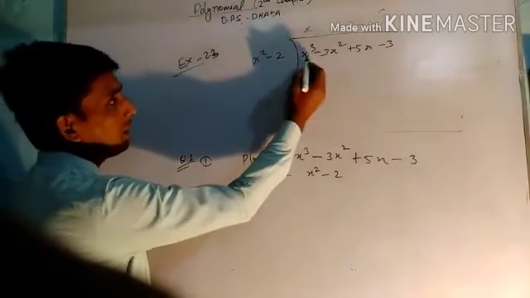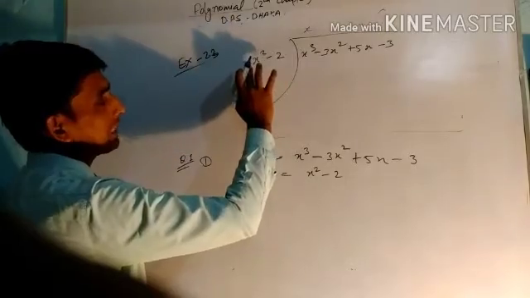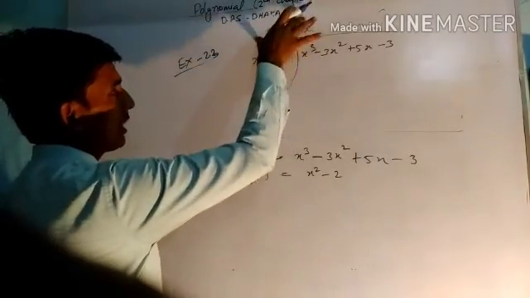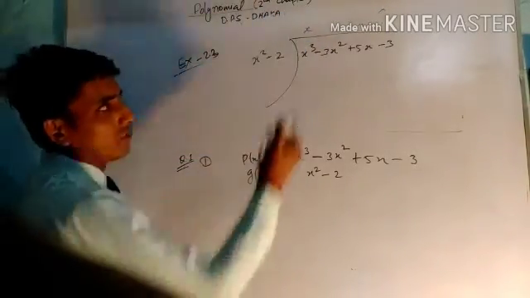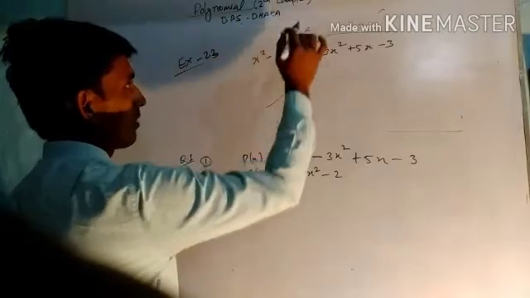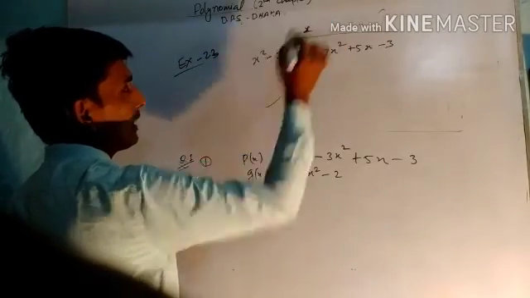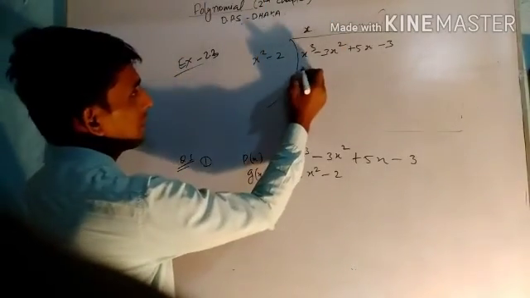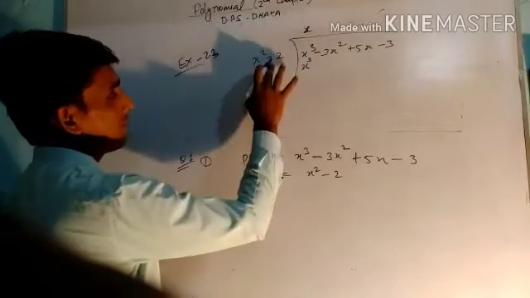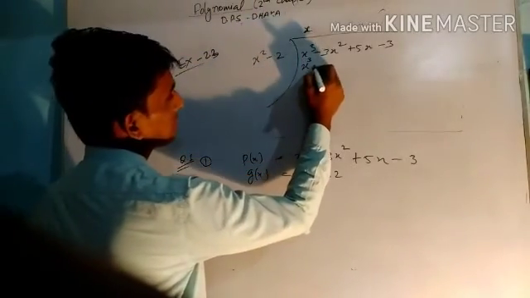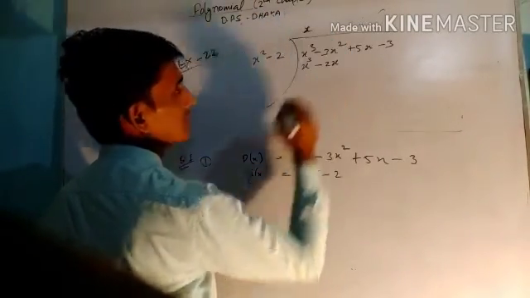We only try to cancel this out. We try to have a product equal to x cube. So we have put x here. If you multiply x square into x, you will get x cube. If you multiply with 2, you will get minus 2x.